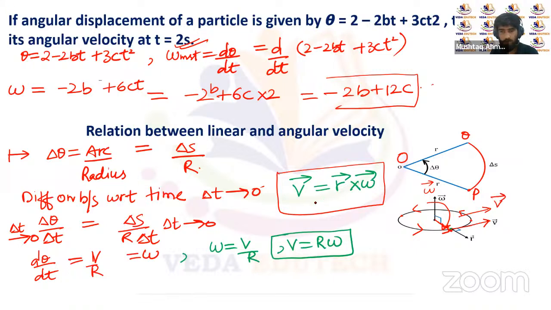That means v should be equal to omega cross r. Then it will be consistent with the direction of the angular velocity and the direction of the velocity. So v is equal to omega cross r.